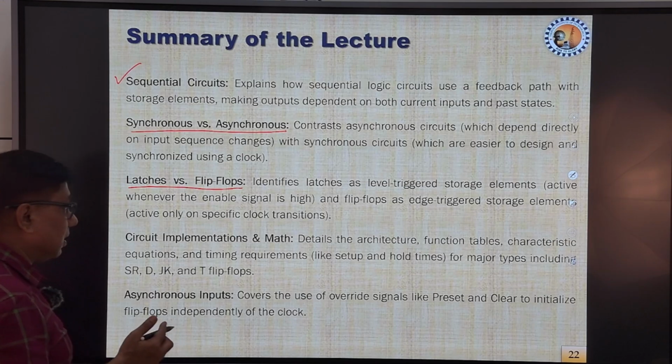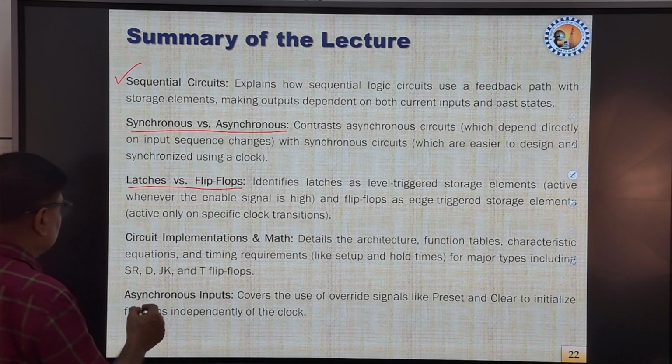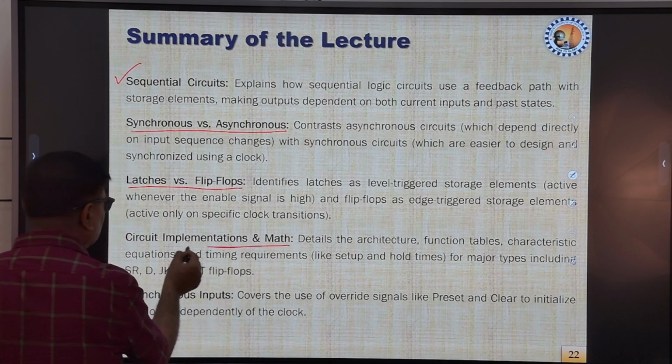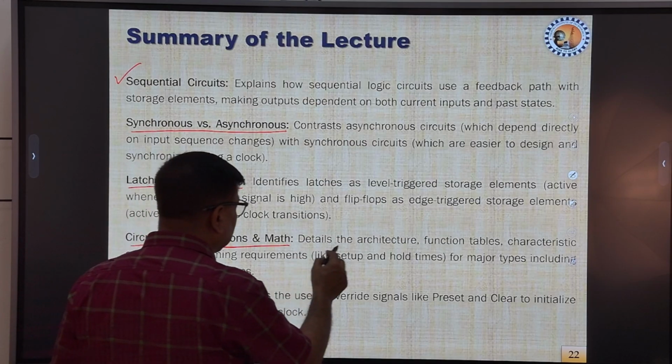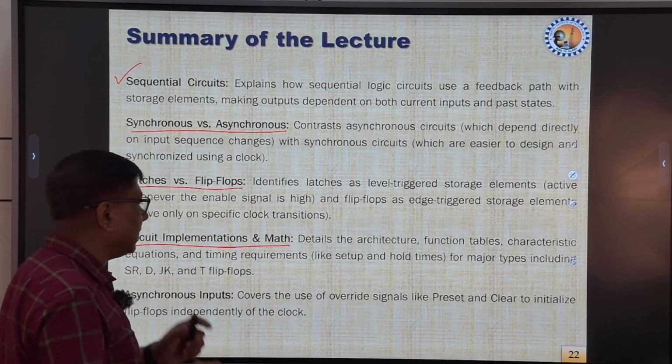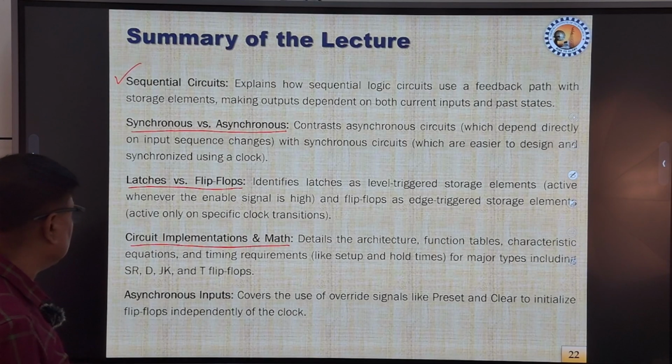We have gone through all these details. Then the circuit implementation and related mathematics, details of the architecture, function table, characteristic equation, and timing requirements like setup and hold times of the flip-flops we have come across.